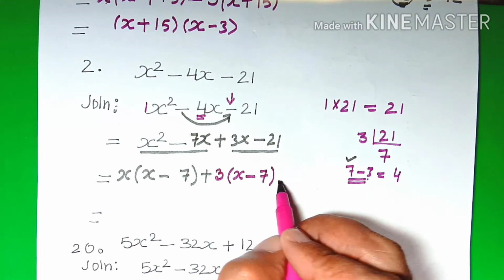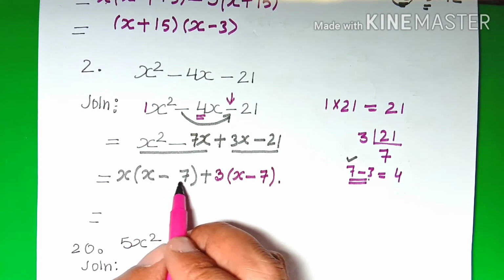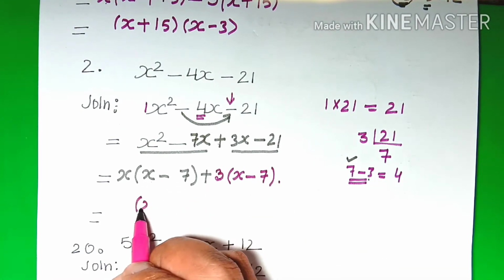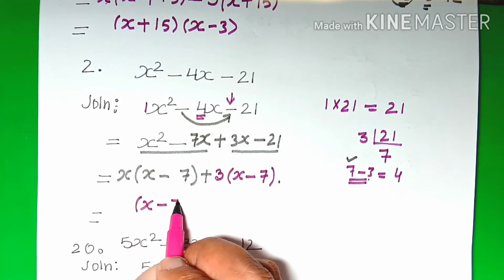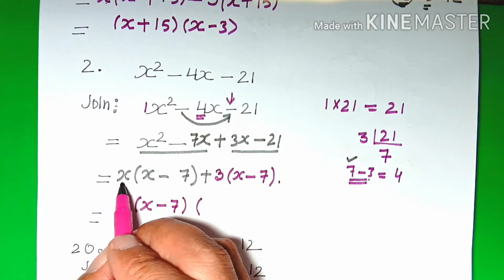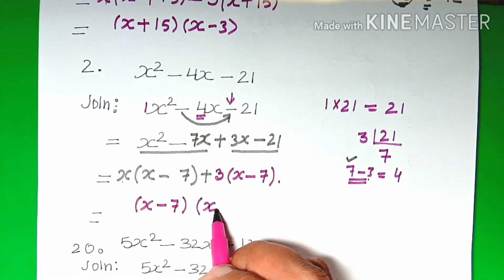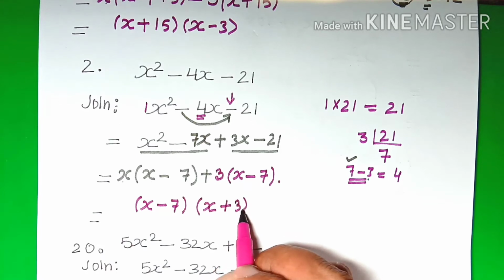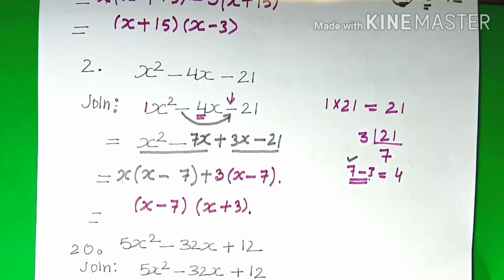So we can close here. Again the factor x minus 7, again x minus 7, we can take common. So x minus 7, which is our common factor. After that here we'll have to collect back here the value x along with the sign here, that is plus 3. So this will be the required factor.